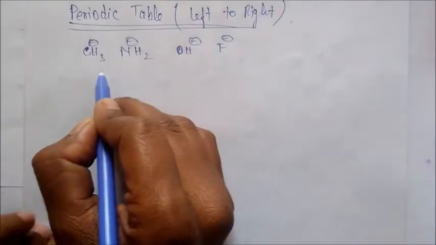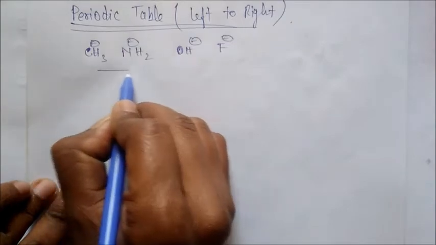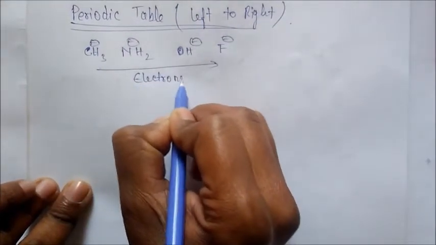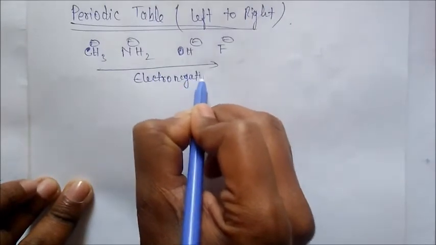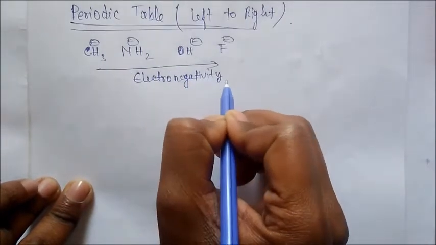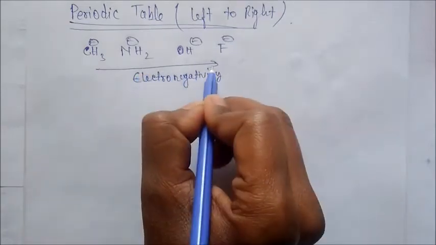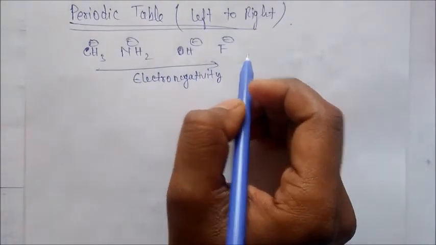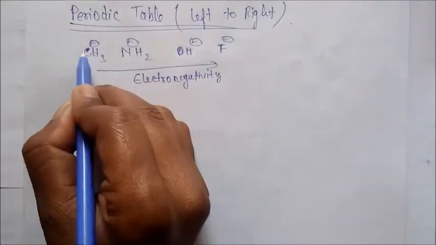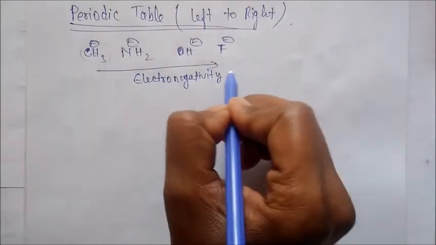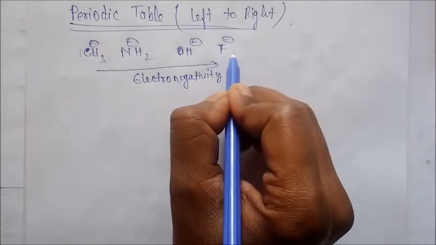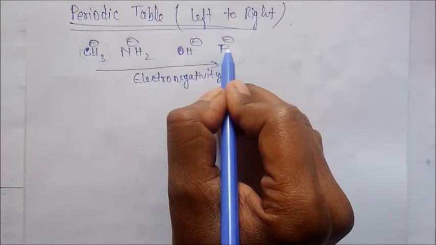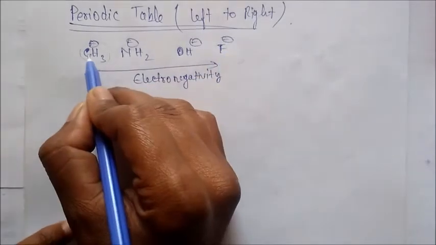As we are going from left to right in the periodic table, there is an increment in the electronegativity. We all know what is electronegativity. It is the tendency of an atom to attract the negatively charged electron. So we have fluorine and we have CH3 minus. So the electronegativity of fluorine is higher, so it has greater tendency of attraction of electrons than CH3 minus.